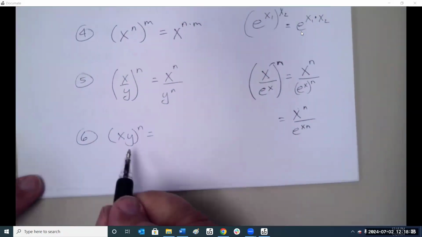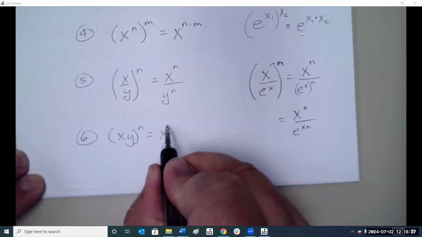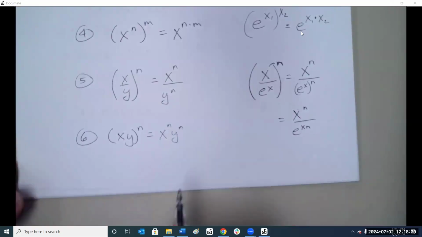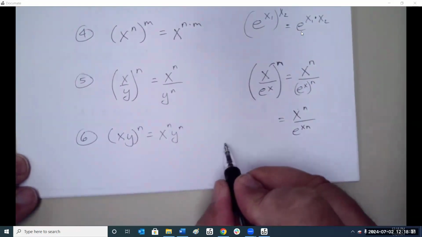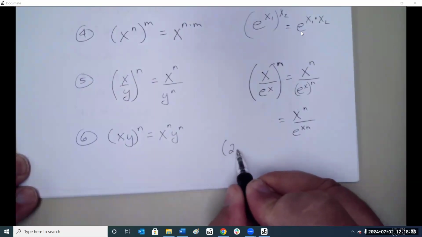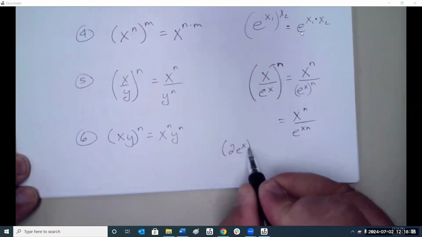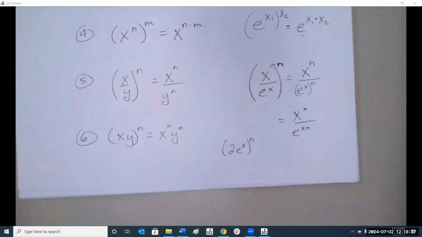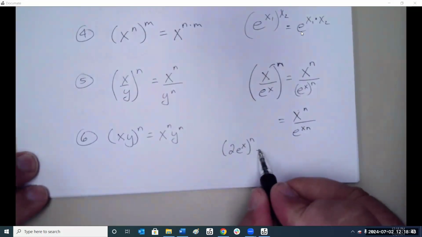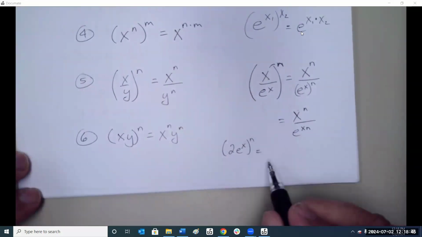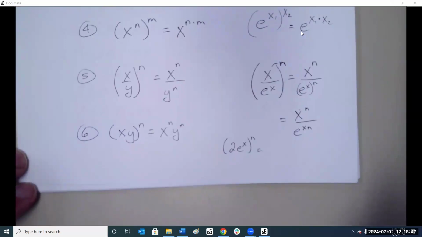And lastly, if you have a product inside there, just distribute the exponent. What would the answer be in this one?